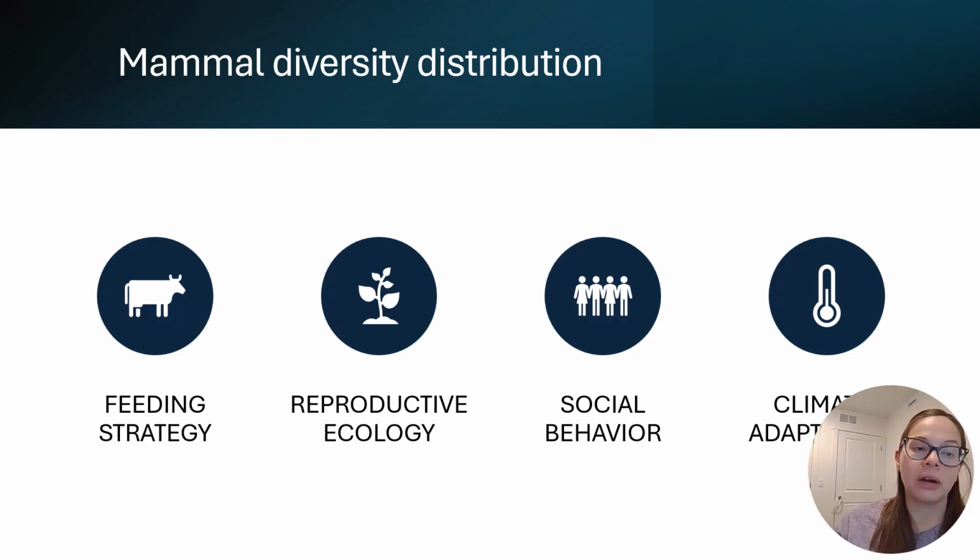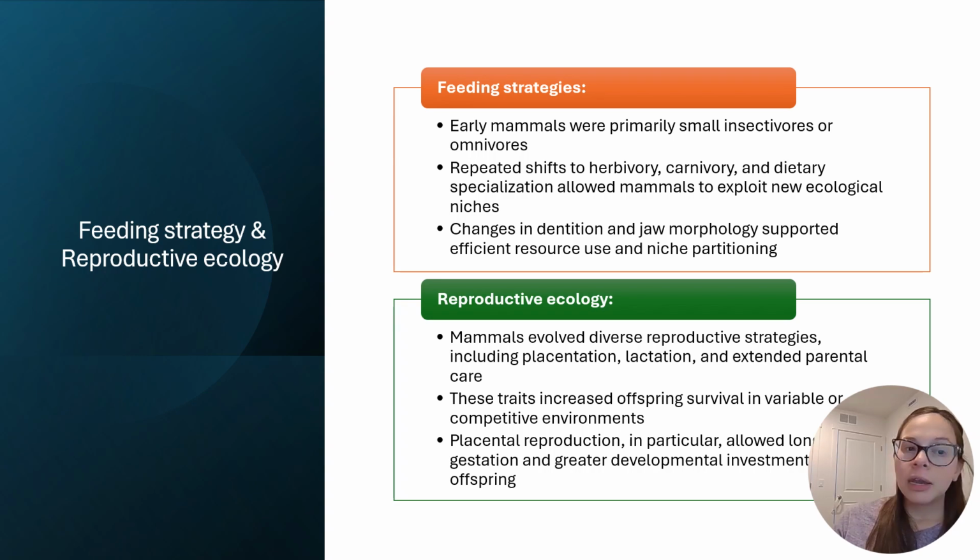Here we will be covering feeding strategy, reproductive ecology, social behavior, and climate adaptations for mammal diversity distribution. Here we will be going over feeding strategy and reproductive ecology. So I have two separate categories: feeding strategies and reproductive ecology.